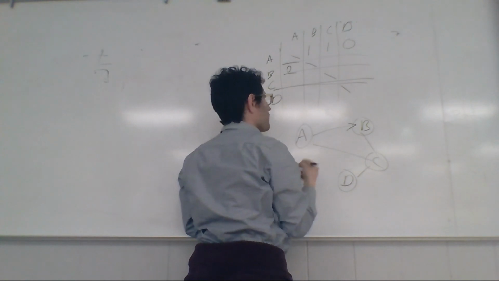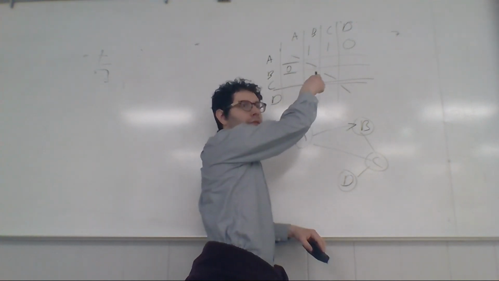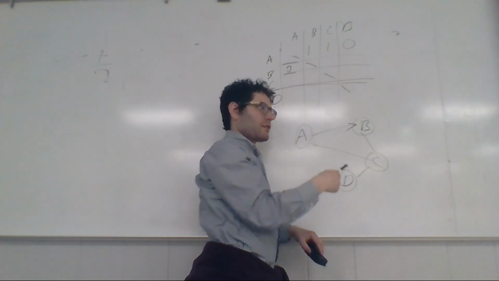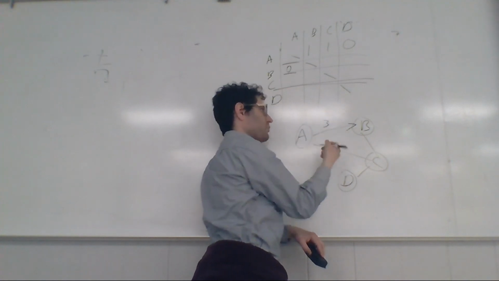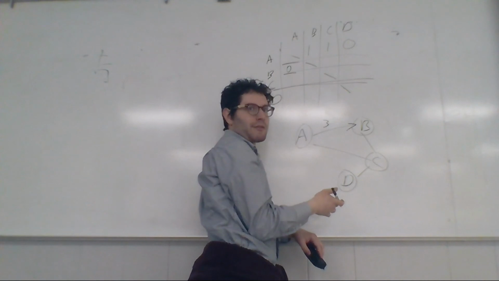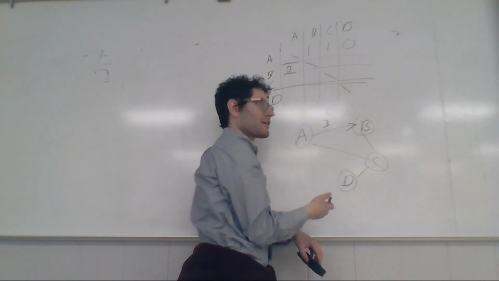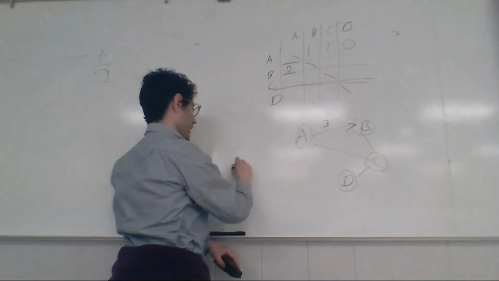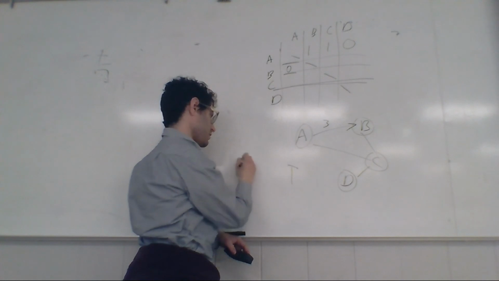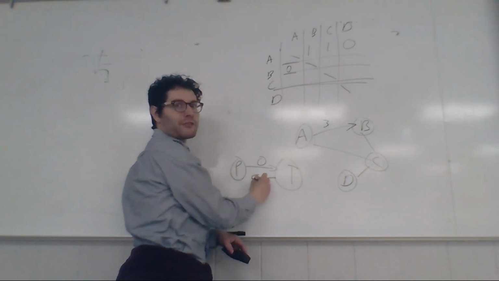The last thing I want to mention is, what about weights? For the matrix, you'd put the actual value of the weight. So if the cost from A to B was 3, you put 3. But for A to D, there's no edge. You wouldn't put 0 there because there are such things as free edges. For example, with Philadelphia and Trenton and the Benjamin Franklin Bridge, it costs 0 to go this way, $5 to go this way.